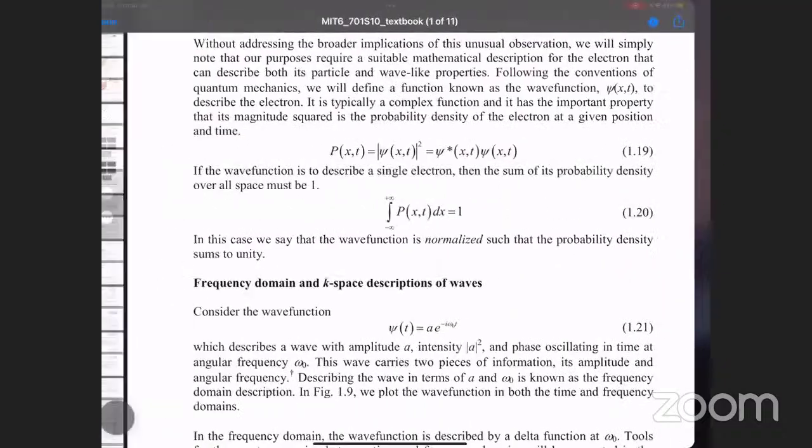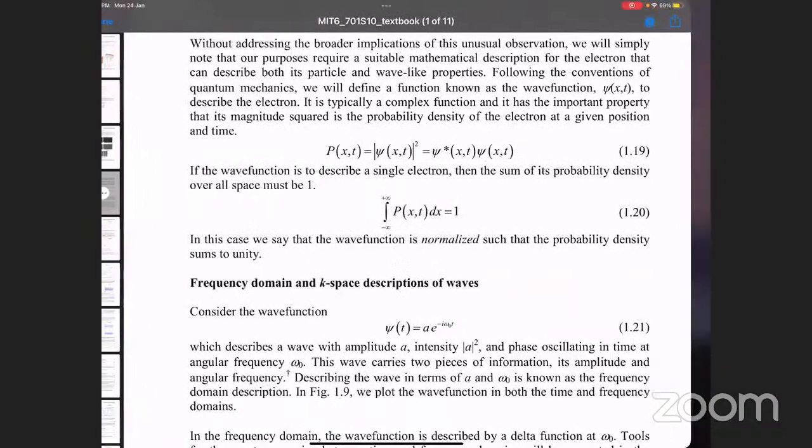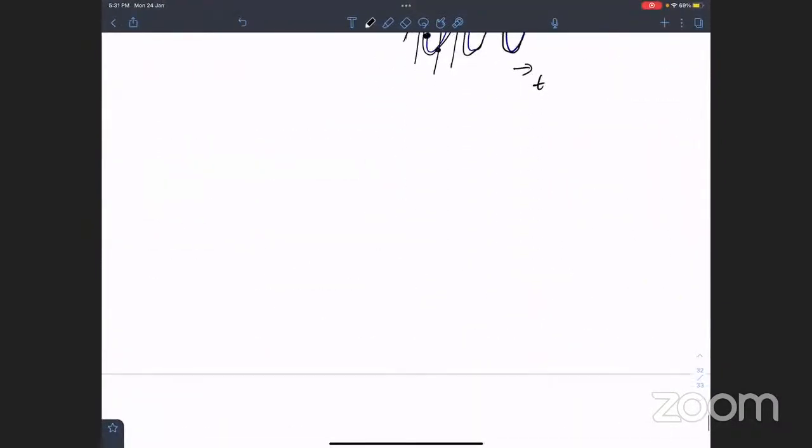Okay, so we are going to now go into frequency descriptions. Remember, in electrical engineering, if I have a signal as a function of time, I can take this to the Fourier domain, the omega domain.